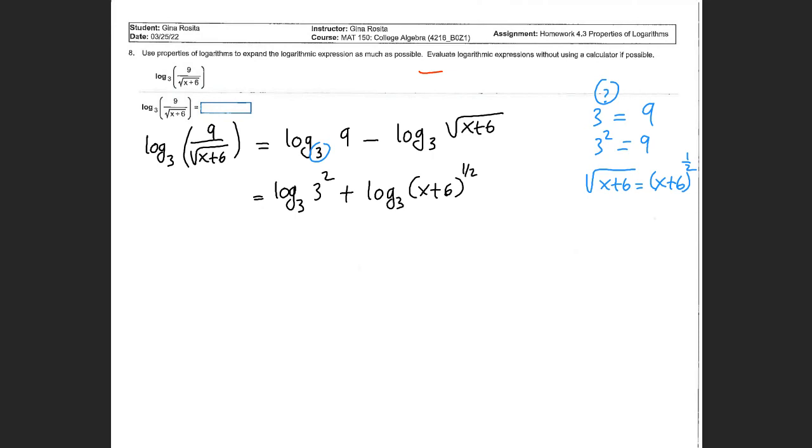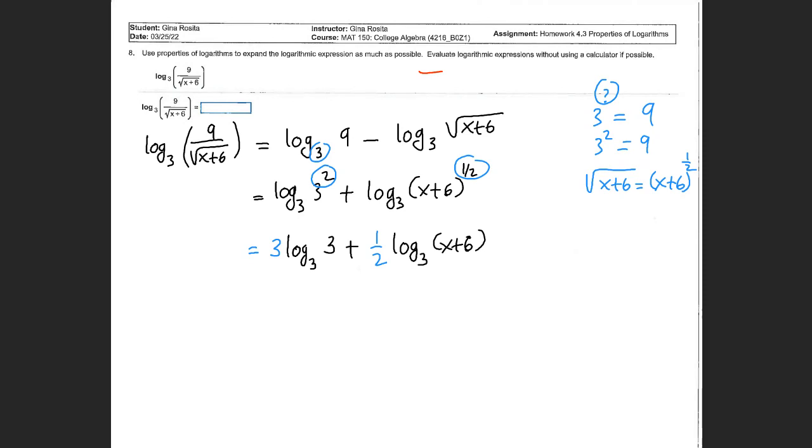Now use the power rule: equals 2 times logarithm of 3 with base 3, plus a half times logarithm of x plus 6 with base 3.